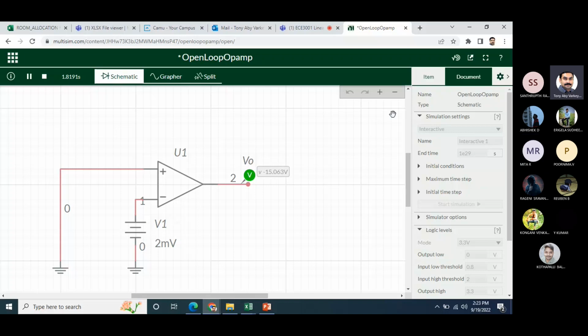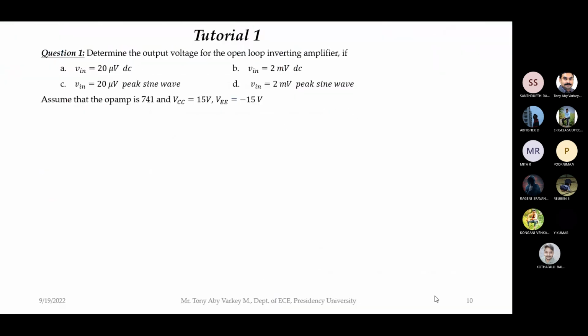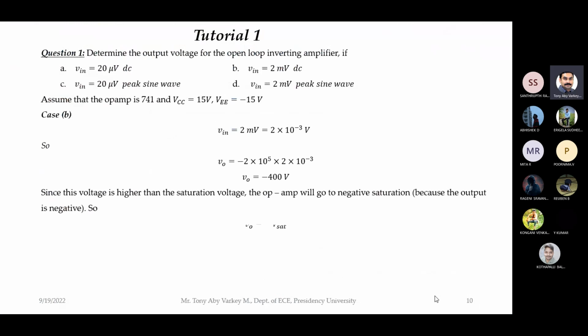Yes, sir. Okay, we'll continue with the problems. In a practical op amp, you will be getting minus 14.1 as the output, but since it is simulation, it is showing minus 15 itself.